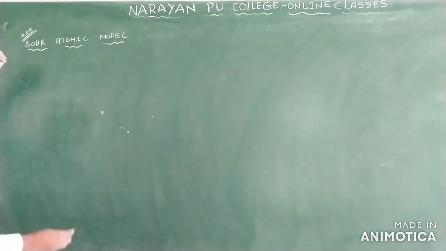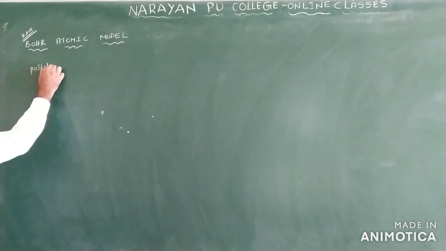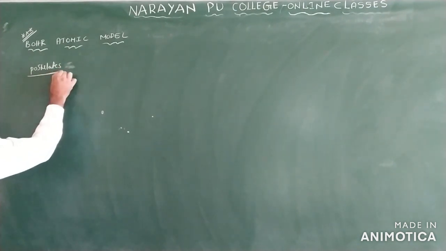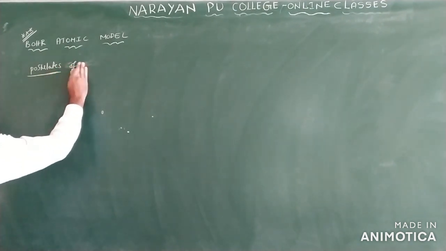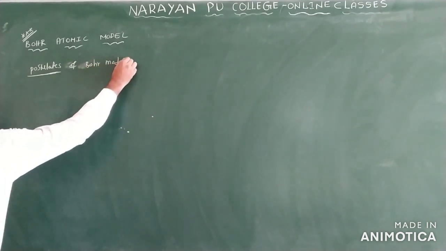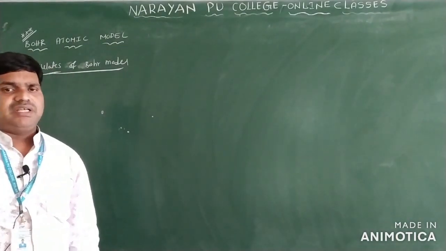So what are the important postulates of this Bohr model? Postulates of Bohr model. Okay, so already in the Rutherford alpha scattering experiment you already know, the atom is the smallest part only.